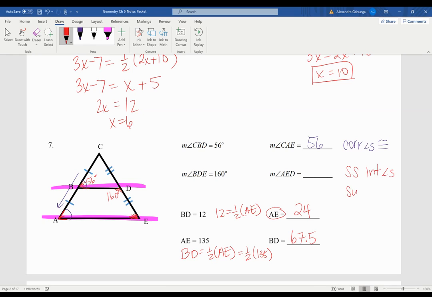And those ones are supplementary. So this is going to add to 180. So it's 160 plus blank AED, whatever that angle is, should add up to 180. So AED is 20. That's a little review of our first section.